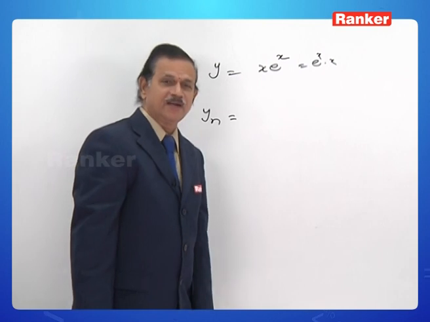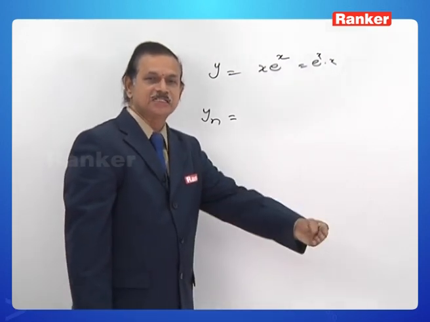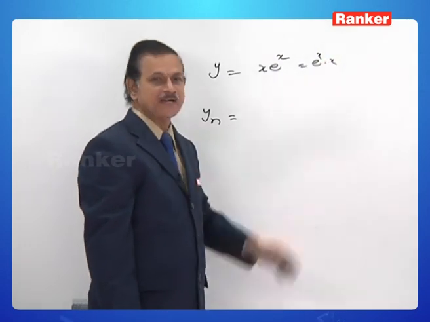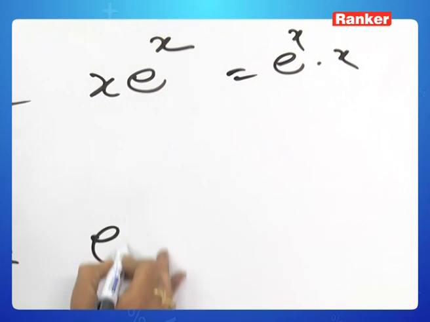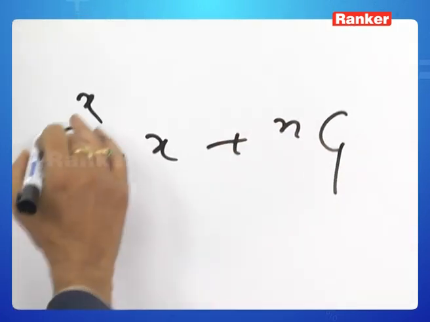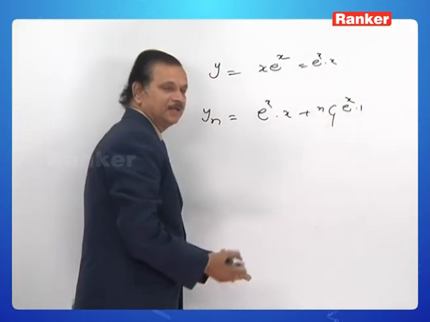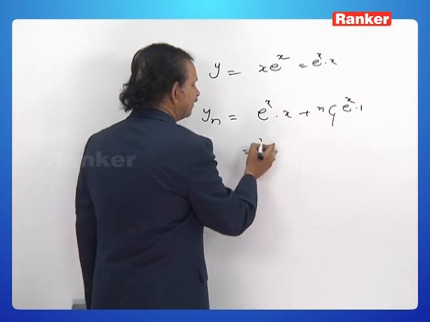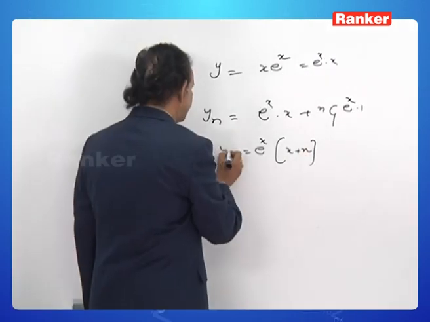Because we would like to keep the function whose derivatives decrease continuously in the second place. Now think of the nth derivative: e^x into x, plus nC1 into the n minus 1th derivative of e^x, which is also e^x, into 1. Stop. So it is e^x (x + n). How beautiful it is.